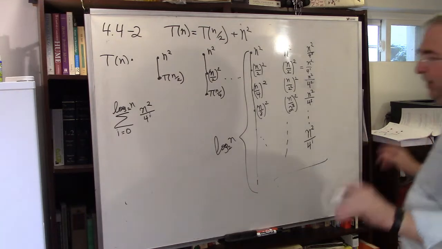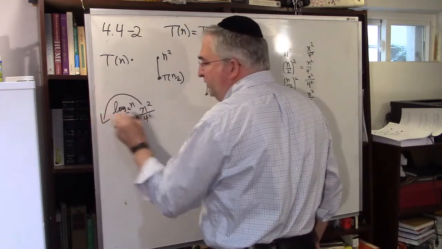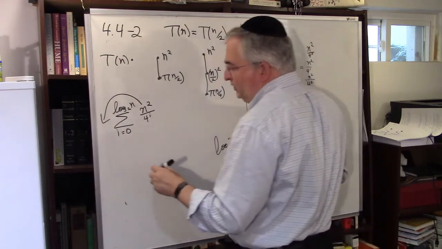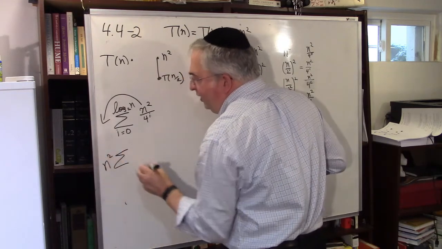The rest is math. First thing first, take the n squared out. Then we're going to do the geometric series. So let's do it. You ready?